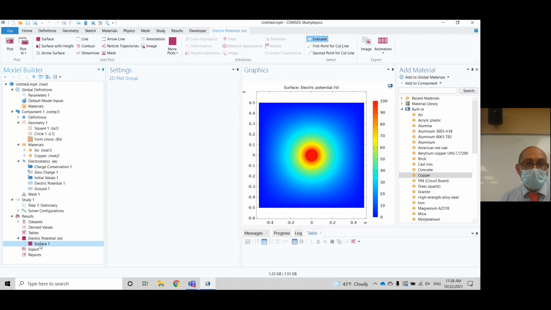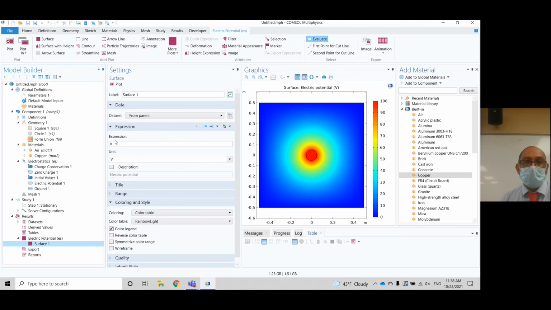We're going to look at the surface. And this is the expression right now that I'm plotting, just the value of electric potential anywhere. So if I click at any point, you can see the coordinates and the value of the electric potential at that point. If I put it somewhere in the center, well, I know that in the center it's going to be 100 volts.